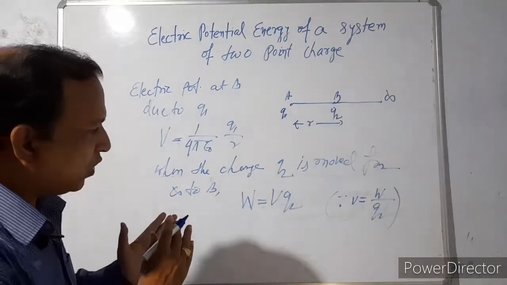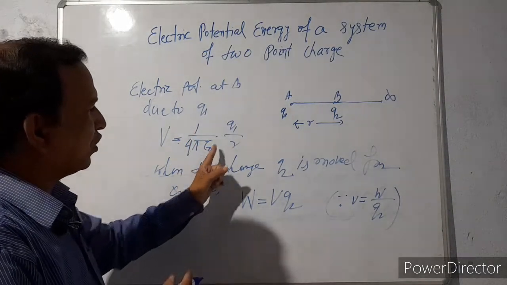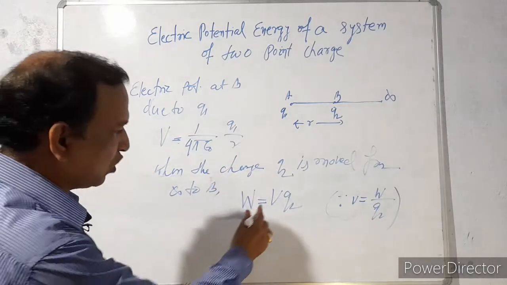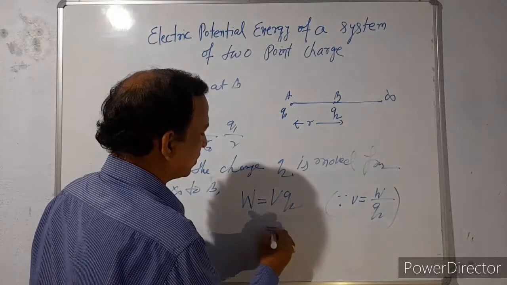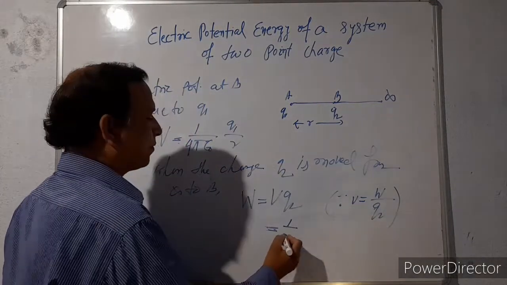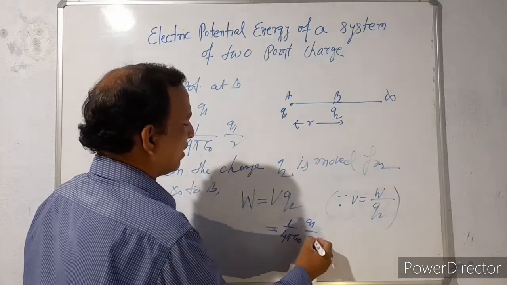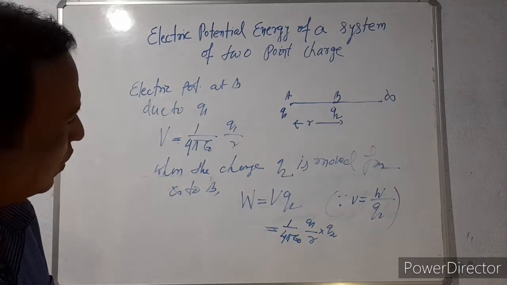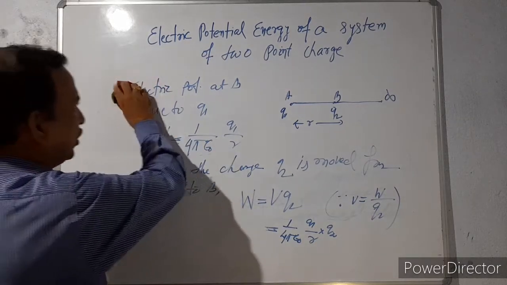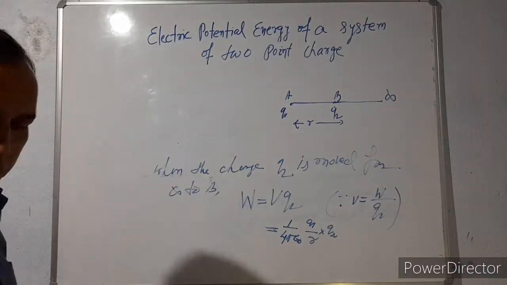Clear? So what is V? Now V is equal to 1 by 4 pi epsilon naught Q1 by R. So what is your W? W is equal to 1 by 4 pi epsilon naught Q1 by R into Q2.